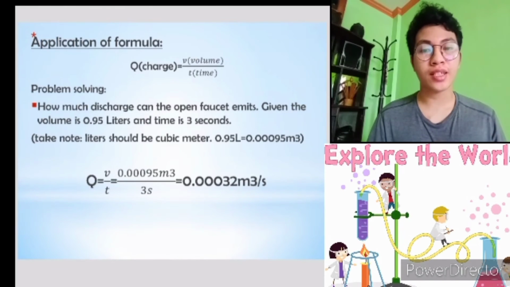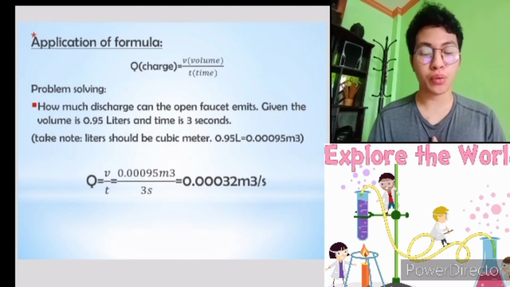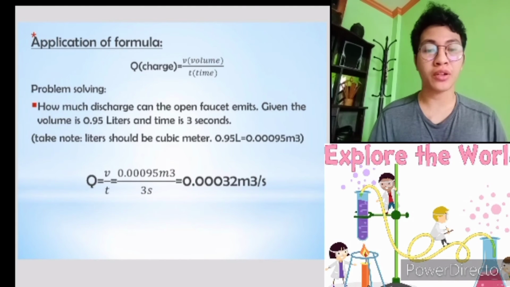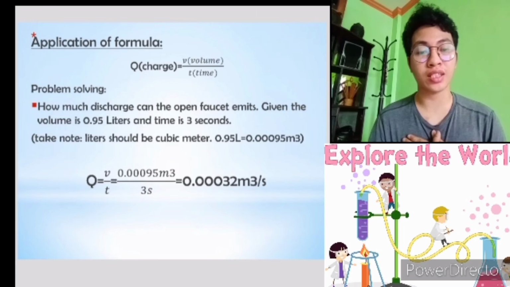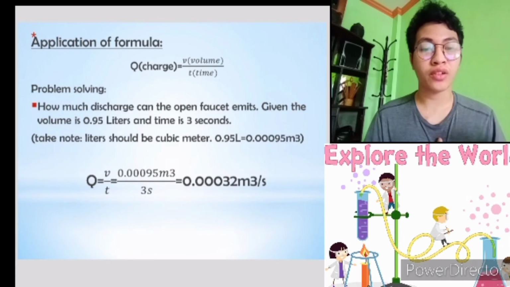To get the discharge of problem solving number 1, kailangan muna daw natin i-convert yung quantities into proper values and units. So for example, dito sa 0.95 liters, kailangan muna natin siya i-convert into cubic meter. So how we will do that?